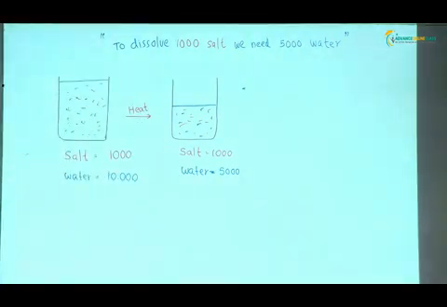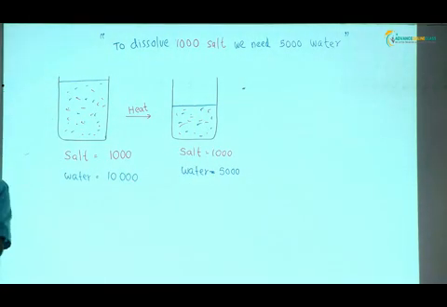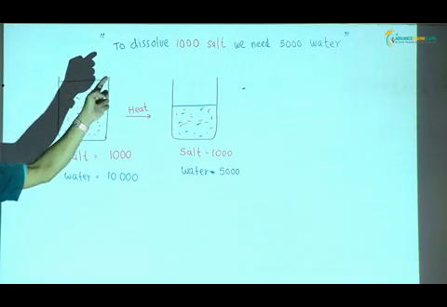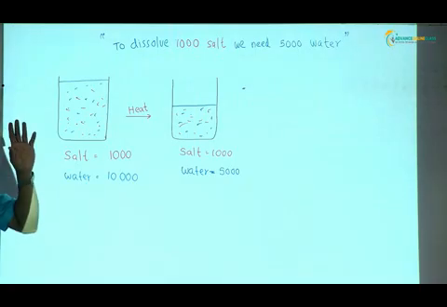Is there any issue? No issue. Water is enough to dissolve all the salt, and can we dissolve a little more salt in this now? Can we dissolve 1001? Can't, because water is 5,000 and salt maximum is 1000. Got it? The maximum salt amount is dissolved now. No more space. The solvent has no more space to keep solute.